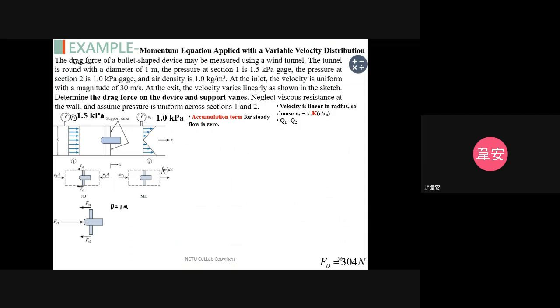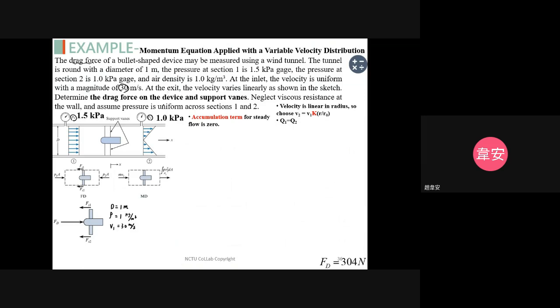The pressure at section 2 is 1 kilopascal, and the air density is 1 kilogram per meter cubed. Okay, and at cross section 1, the velocity is uniform with the magnitude of 30 meters per second. So V1 is equal to 30 meters per second.